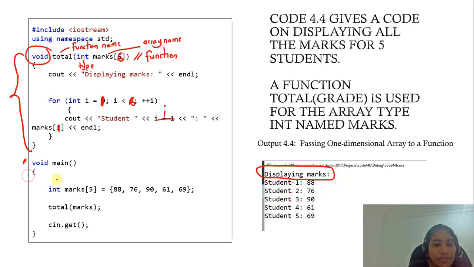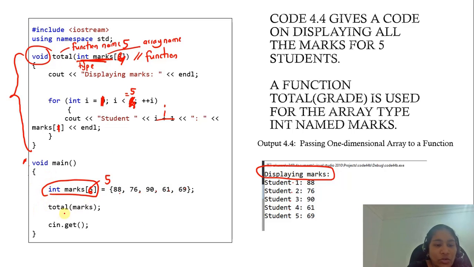Then you will have int marks, put 6 here, with 85, 76, 90. Instead, you can use 5, so let's make it less than or equal to 5, because there are 5 elements: 1, 2, 3, 4, 5. So stick to 5.